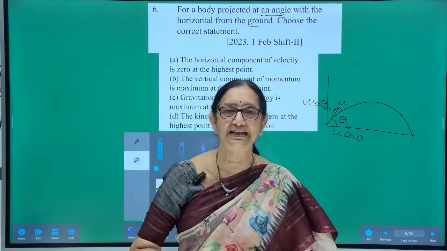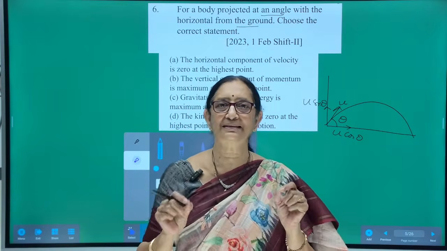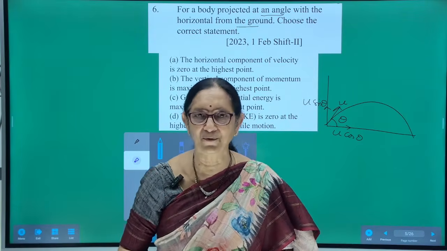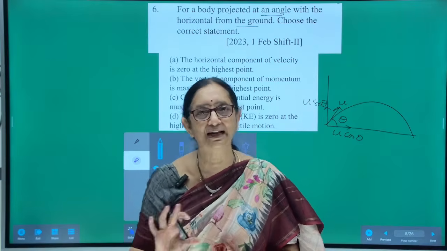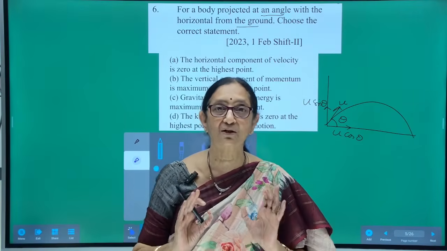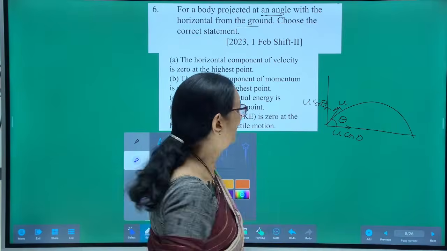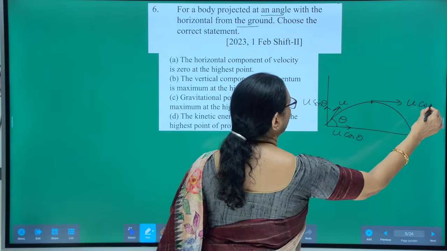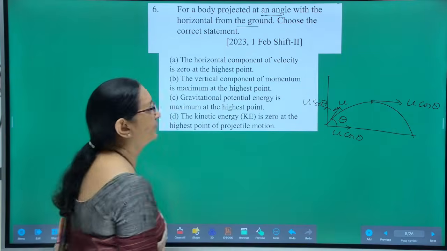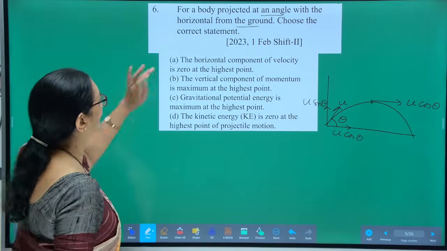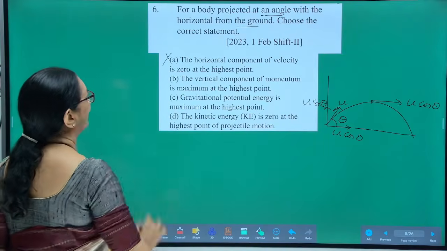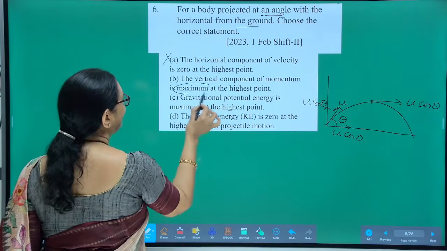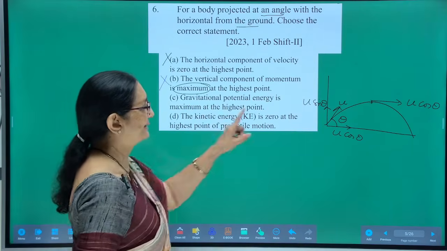You know, in case of a projectile, as the component of acceleration along the horizontal is 0, the velocity component along the horizontal remains constant throughout the journey. So, even at the highest point, the horizontal component of velocity remains constant as u cos theta. So, the statement that the horizontal component is 0 at the highest point is wrong. Vertical component of momentum is maximum, not maximum, it is 0.